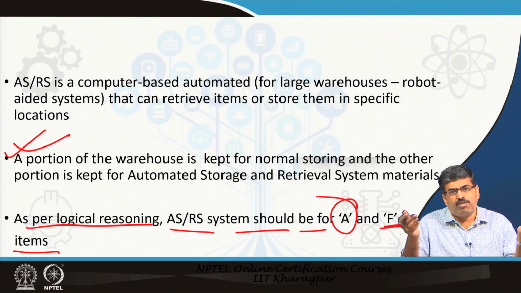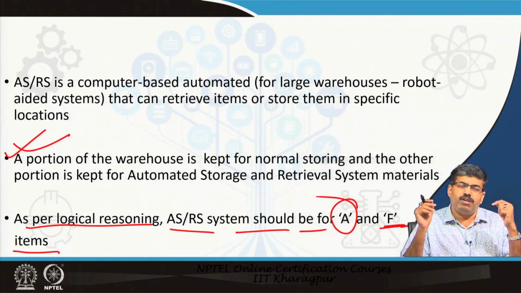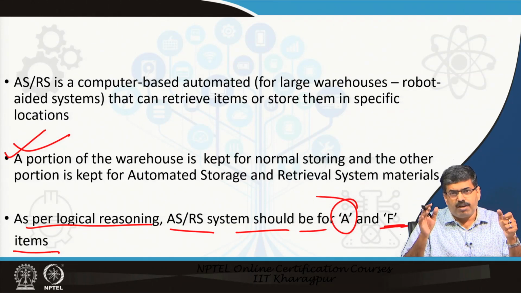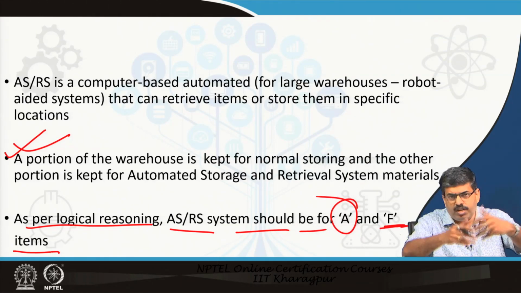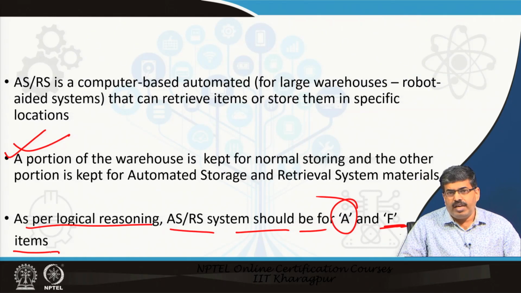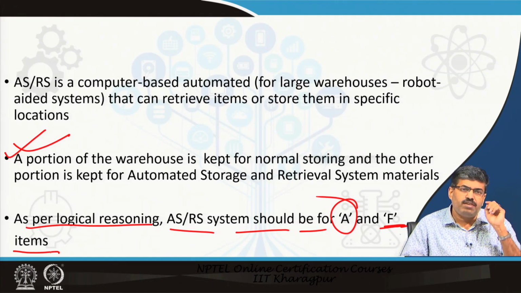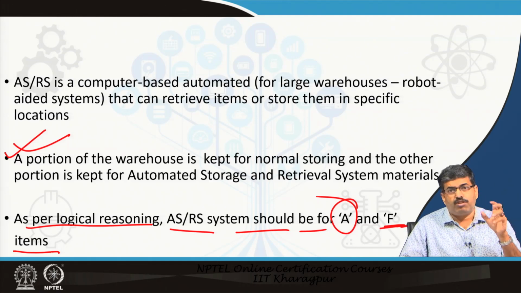Automated means you have a barcode scanner, any basic level of automation is also accepted. But ASRS system is no manual intervention, fully machine driven, robot driven, electronic driven, an almost perfection level to almost 6 sigma. That is ASRS system. So, that is costly.